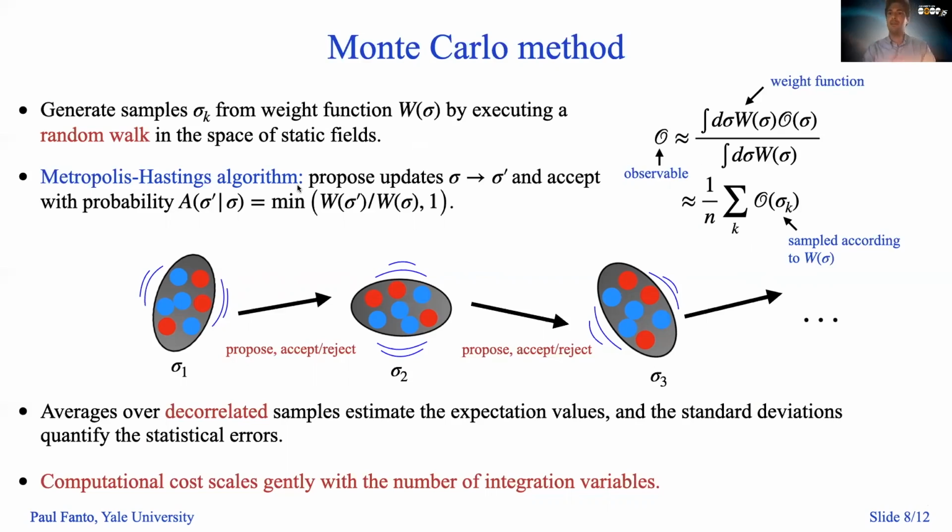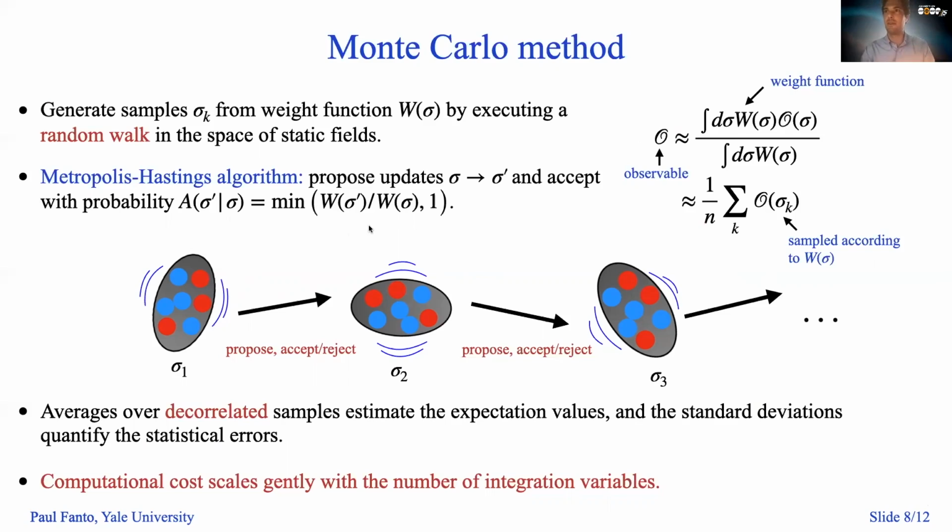In this algorithm, each step along the walk consists of two parts. In the first part, we propose an update from the current configuration that we're at, sigma, to a new configuration, sigma prime. And then in the second part, we accept this step with a probability that is given by the ratio of the weight function at the new point to the weight function at the old point.